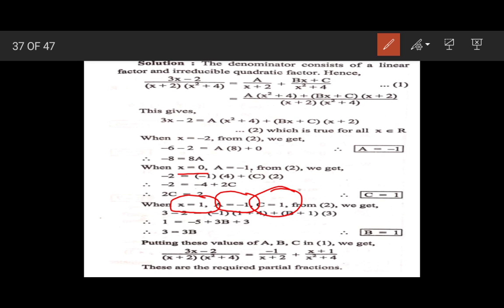When x is 1, 3 into 1 is 3, minus 2, so 1. Then A is minus 1 into (x square, where x is 1, so 1 plus 4), plus b into 1 is b, plus c is 1, then 1 plus 2 is 3.